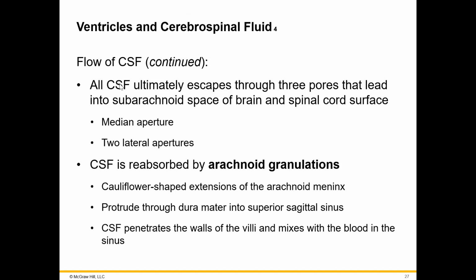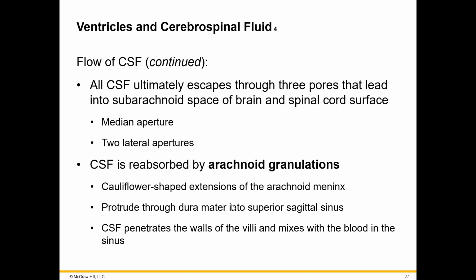So all the cerebrospinal fluid ultimately escapes through three pores that lead into the subarachnoid space of the brain and the spinal cord surface. So there's a median aperture and two lateral apertures. So the cerebrospinal fluid is reabsorbed by the arachnoid granulations.